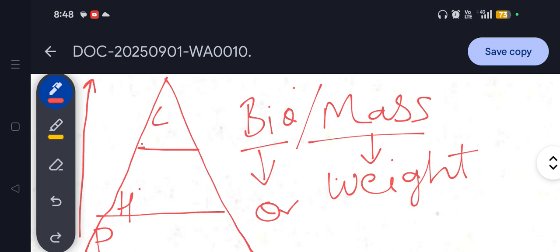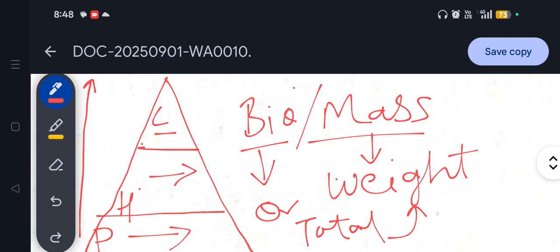So the pyramid of biomass means the total weight of all the living organisms under each level. Okay, the pyramid of biomass says you have to take the total under each level, right? You have to take the total of all the producers, all the plants, all the grass, all the trees, and the total weight of them is known as the biomass under this category.